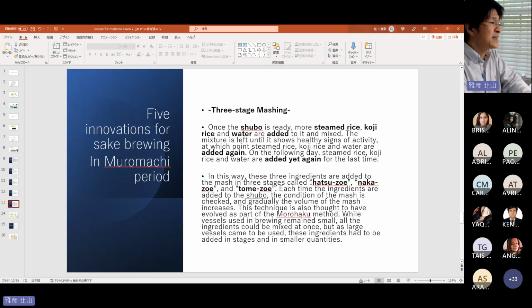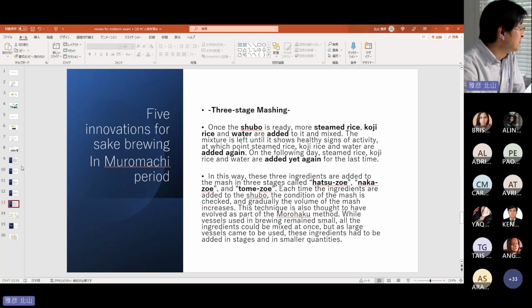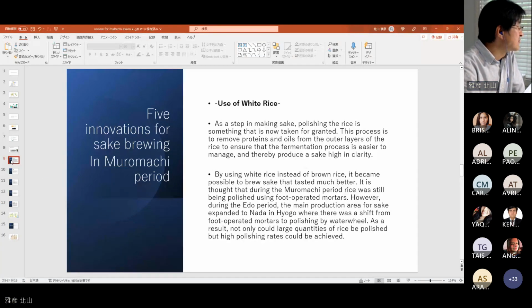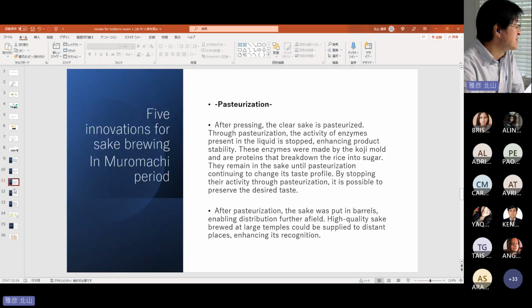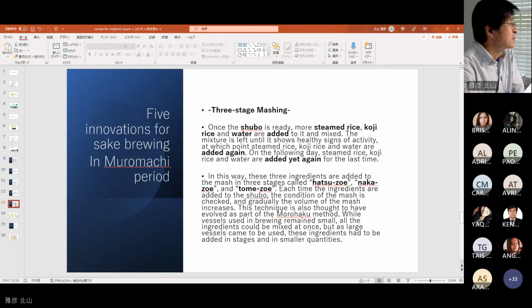So they mixed ingredients 3 times in 4 days, not at once. So this is called 3-stage massing. So these are 5: 1, 2, 3, 4, 5.